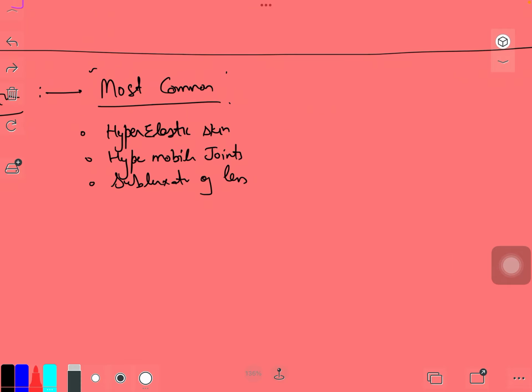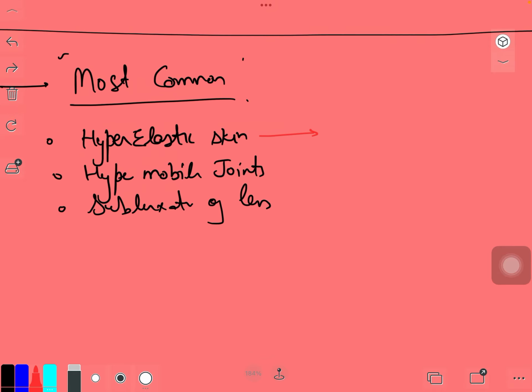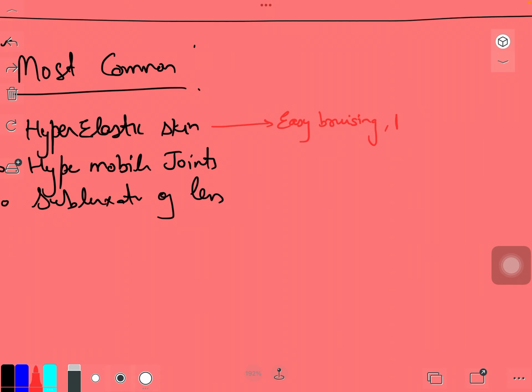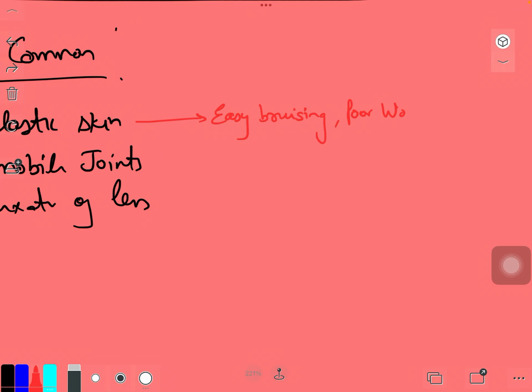Right, so we just said the patient will have hyperelastic skin. Because of this, trauma to skin will increase. The skin can go cracked, right? So because of this, the patient will have easy bruising. There can be poor wound healing because of defective collagen, and collagen is required for healing of the wound.